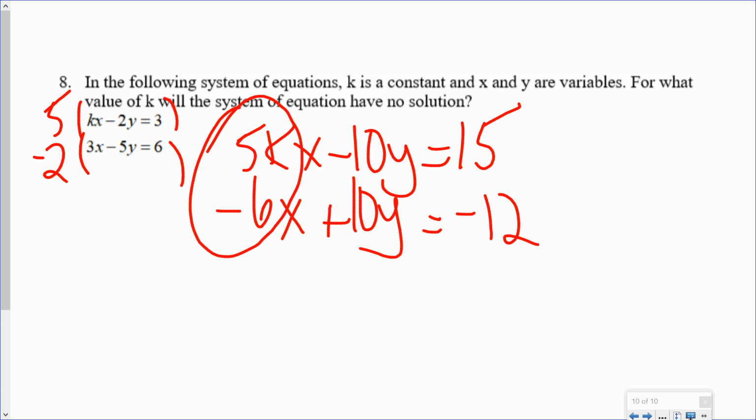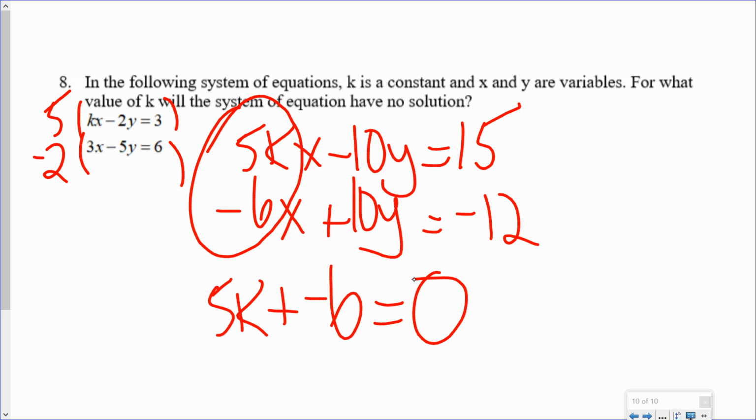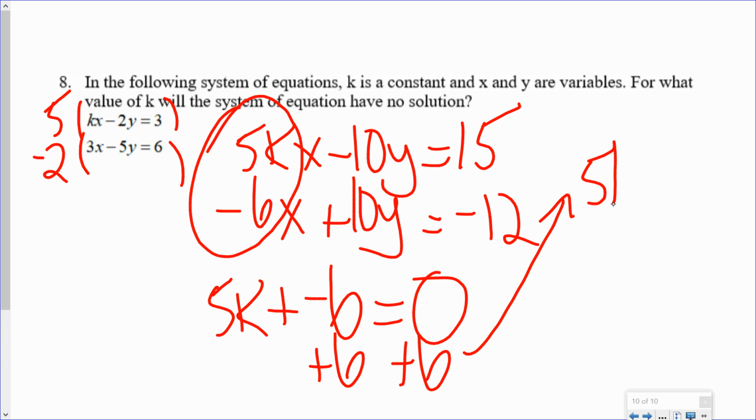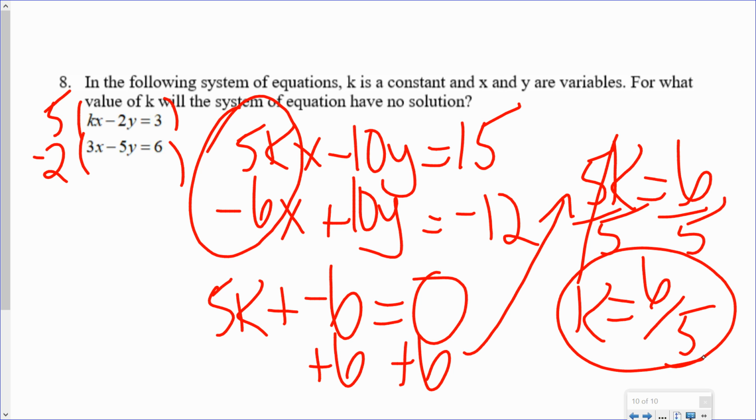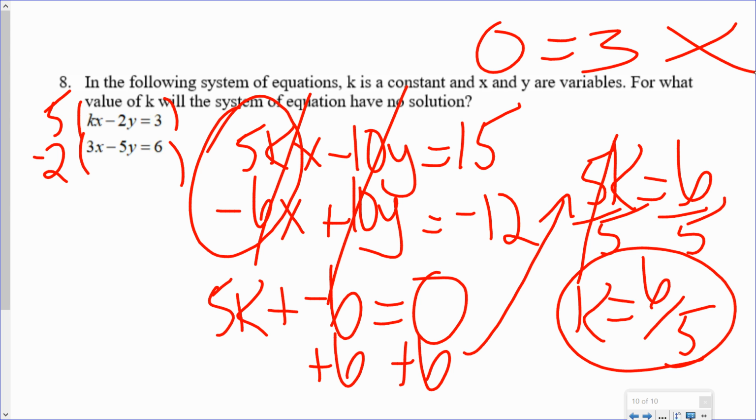So if I add 5k and negative 6, they have to add to equal 0. I get 5k equals 6. I get k equals 6 over 5. Because if these both cancel, then I'm left with 0 equals 3, and that is something that will give me no solution.